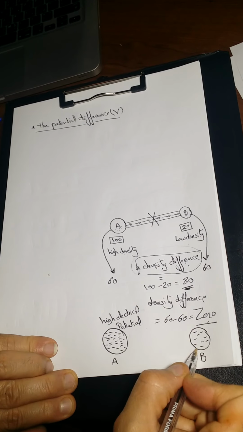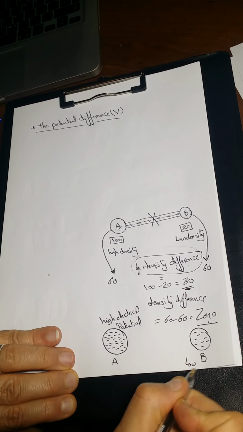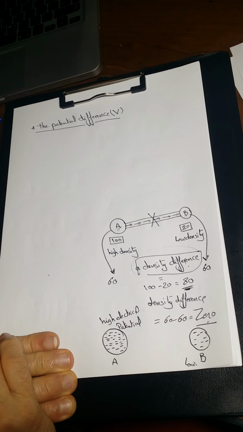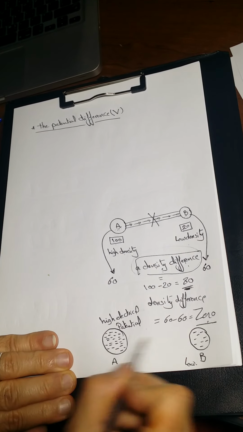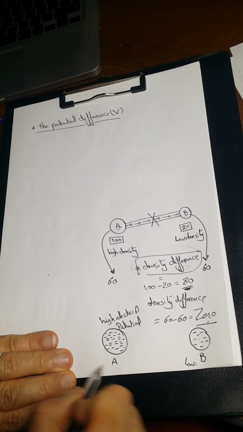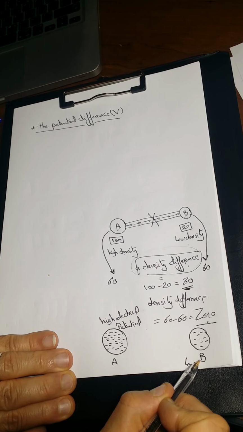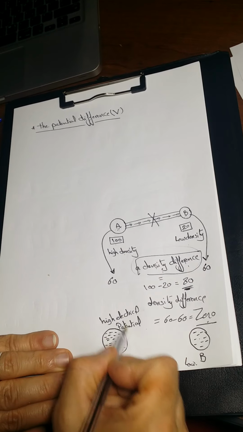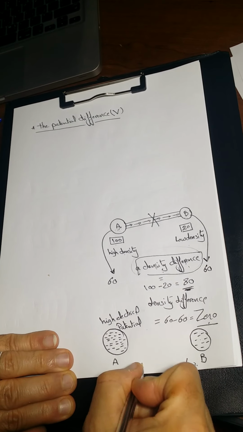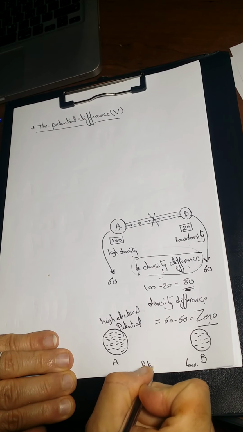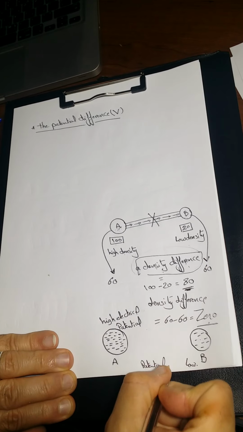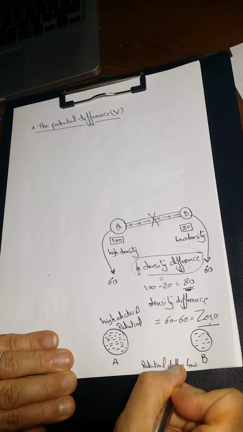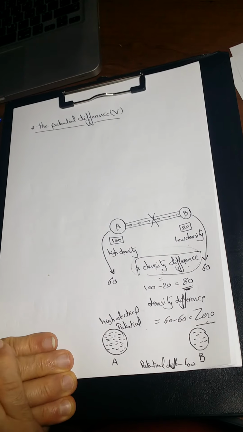And here it has low electrical potential. So there is a difference between conductor A and conductor B. Difference in what? In the electrical potential, which we call potential difference. Potential what? Difference. This one.